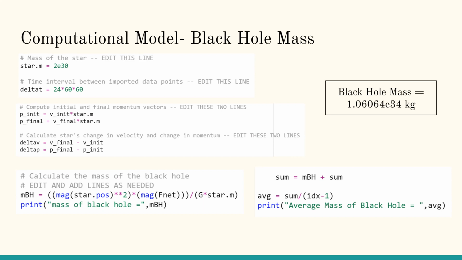Then we inputted the position of the star, the net force and the mass of the star into the gravitational force equation that I showed earlier to calculate the mass of the black hole. And then it outputted several different masses, so we averaged those to get the average mass of the black hole.